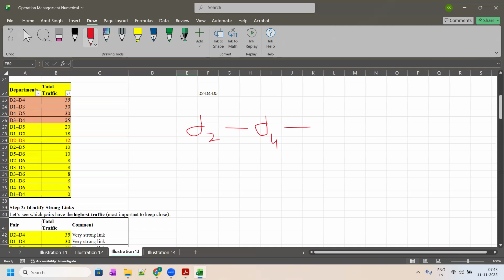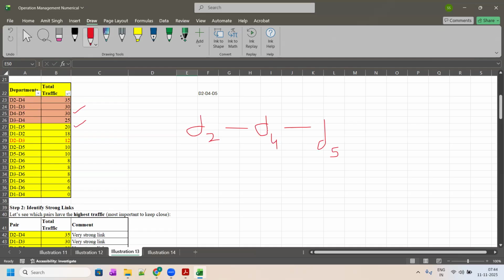From D4, what is the maximum? From D4 you have D5. So I bring D5 here, and from D5, one is D4, which I have already used. From D5 then you have D1.